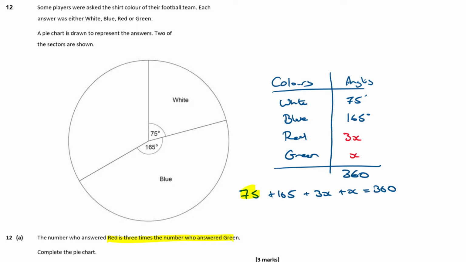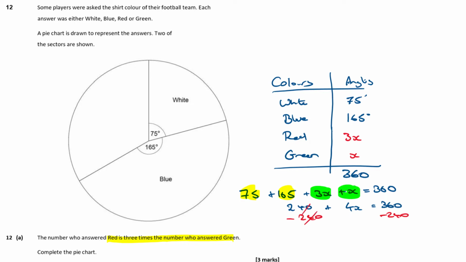Now, these two angles at the beginning, 75 and 165 together, that makes 240, doesn't it? So I've got 240, and 3x and x, these are like terms, aren't they? So I can add these together. So 3x and x make 4x. And then similar to the last question, I'm going to take 240 away from both sides.